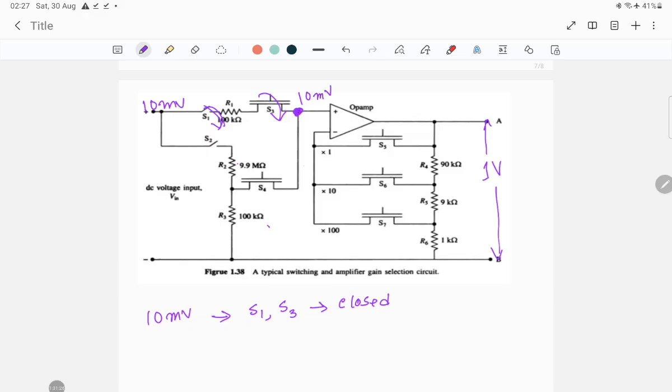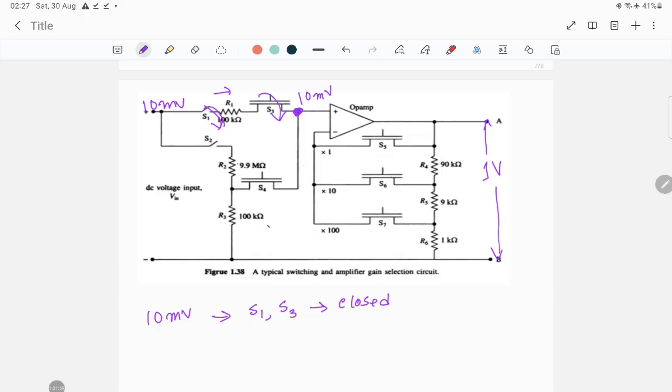So when 10 millivolt is appearing, I know that through the input terminal, through this resistance, no current should be flowing, because at the input terminal the current should be 0.